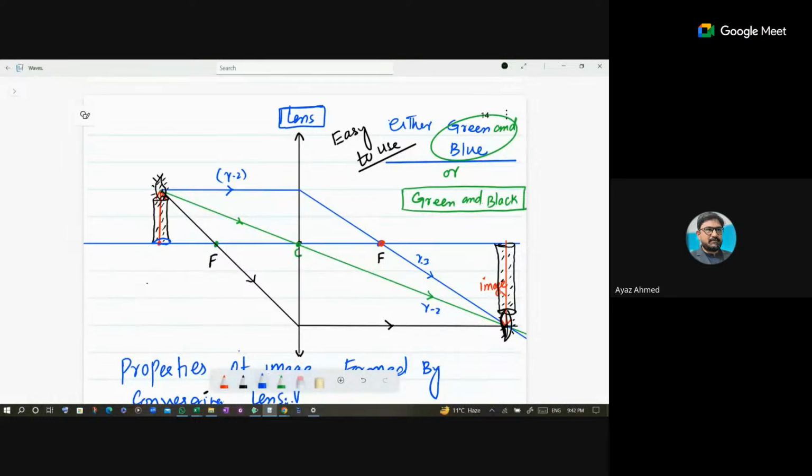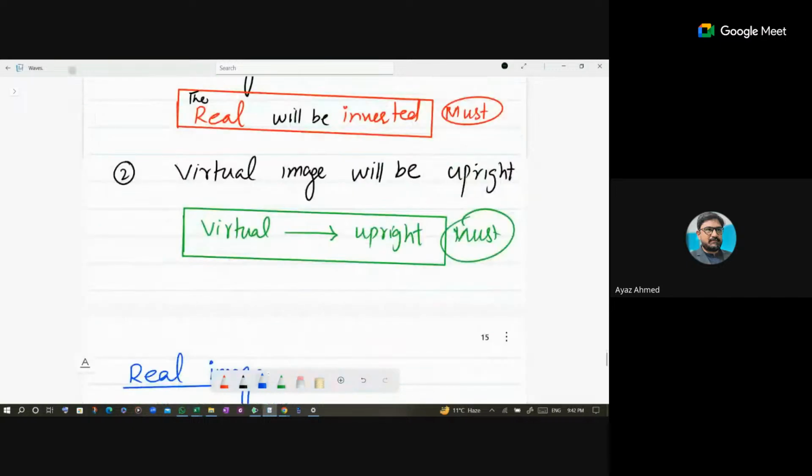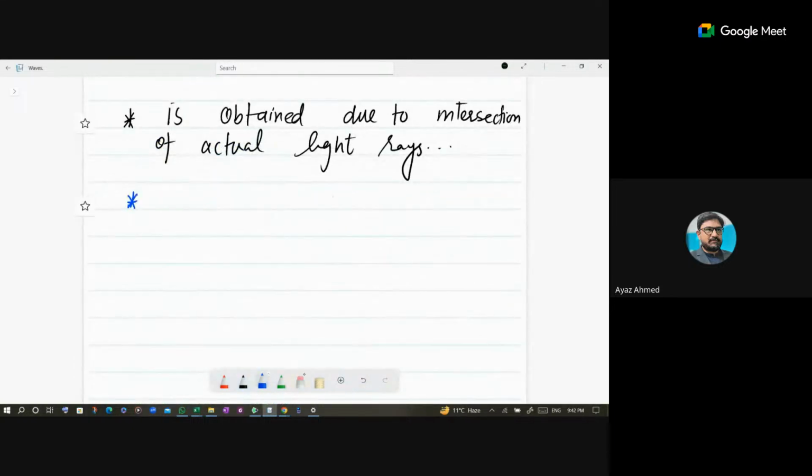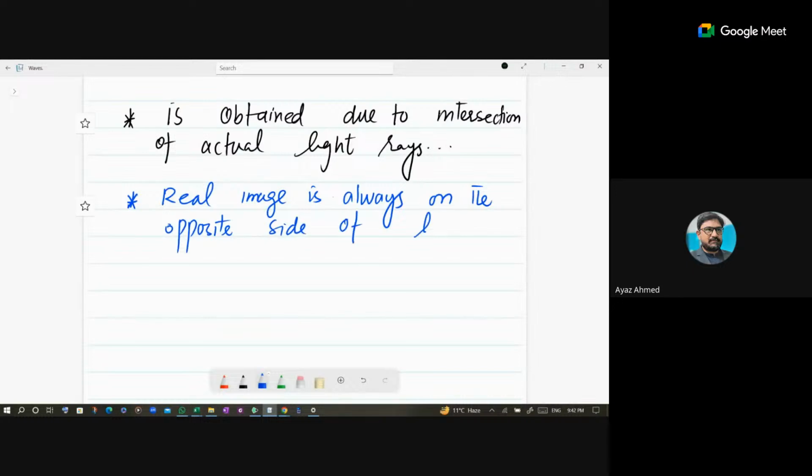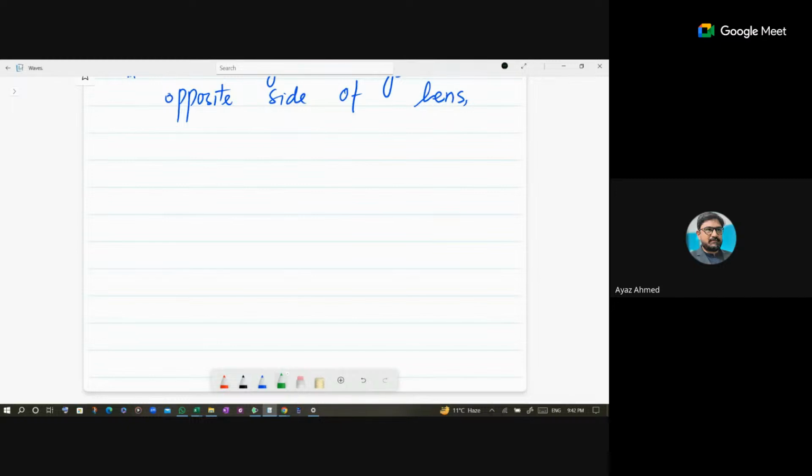A real image is always on the opposite side of the lens, I mean on the side opposite to the object. Then we will talk about the virtual image.